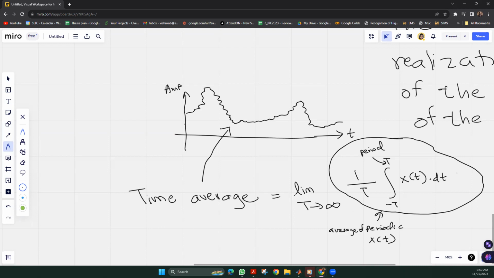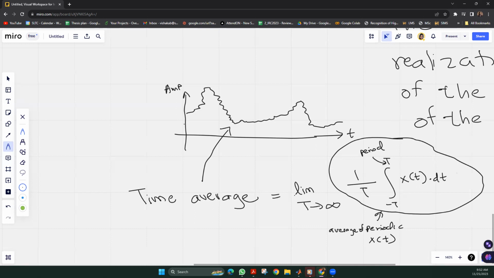If it is infinity, then we can consider that the same behavior will most probably be repeated in the next infinite time duration. But infinity is something that we cannot end. So the period of this non-periodic signal is considered as infinity.